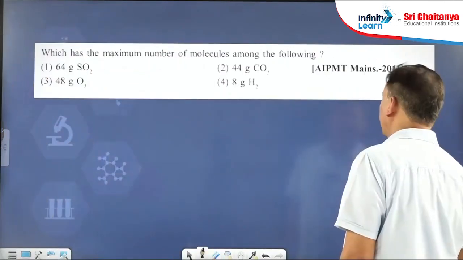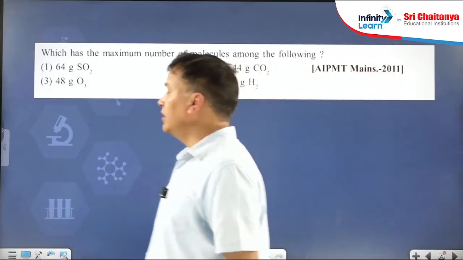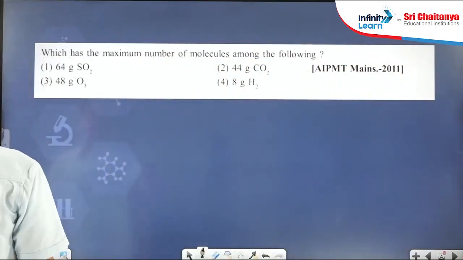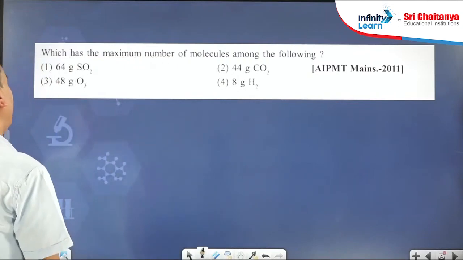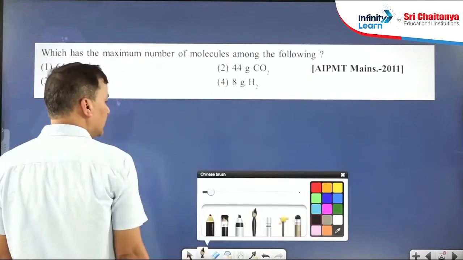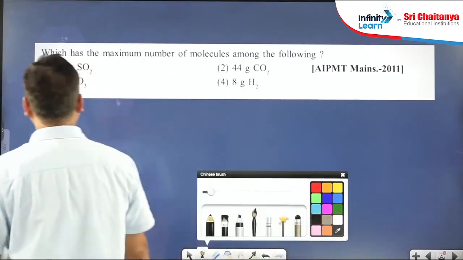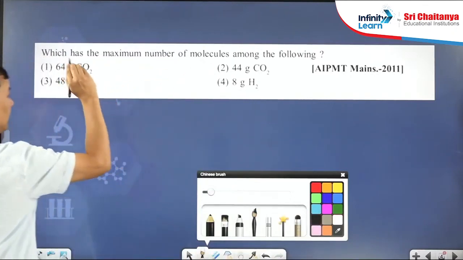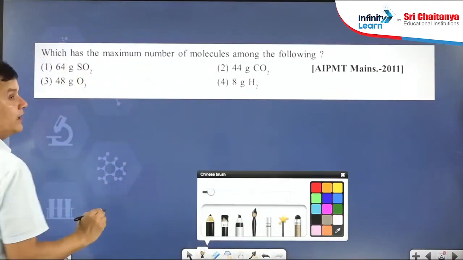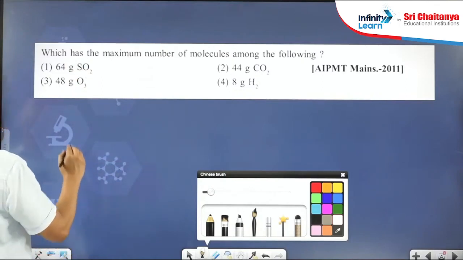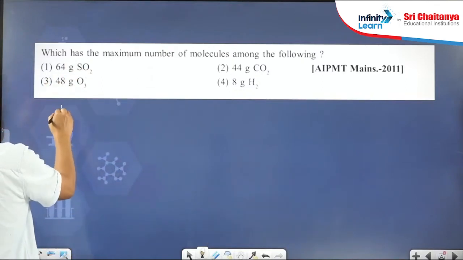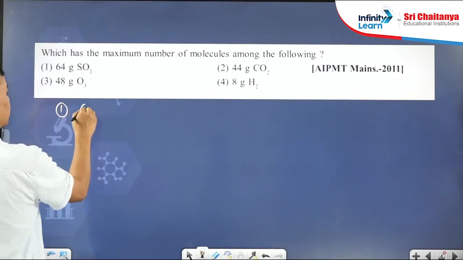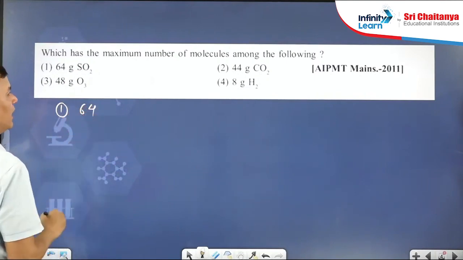Okay. Now we have the next question. Which has the maximum number of molecules among the following? Dear friend, yesterday we solved this type of question. Here we have to calculate the number of molecules. First of all, we have to convert into the number of moles. For the first option, here is 64 gram of SO2.